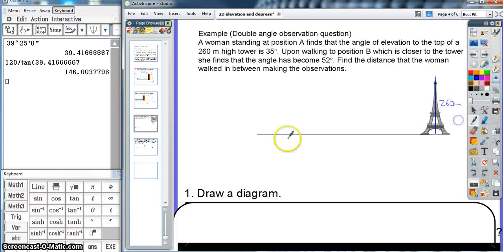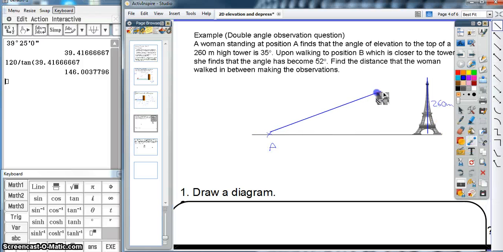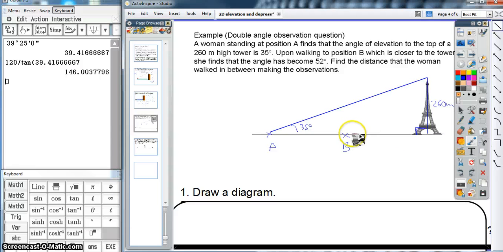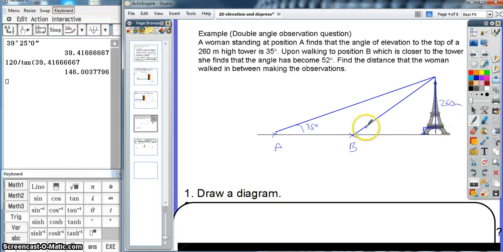There's a woman at point A, and when she looks up to the top of the tower, she sees that it is an angle of elevation of 35 degrees. She then walks a bit closer to position B, and she looks up at the tower again. This time she sees the angle of elevation is 52 degrees. So we've used all that information. I think we've used everything that we have now.